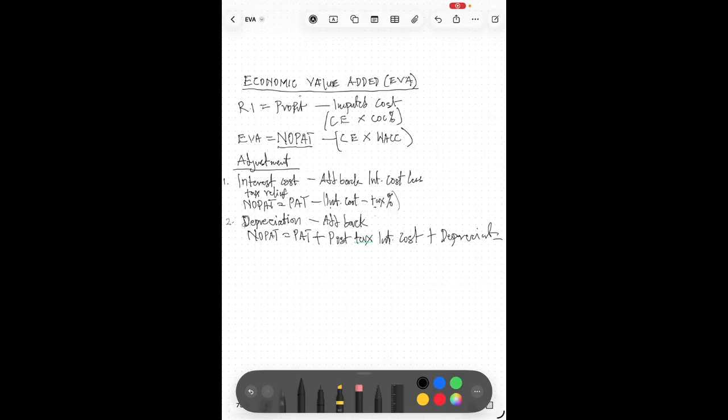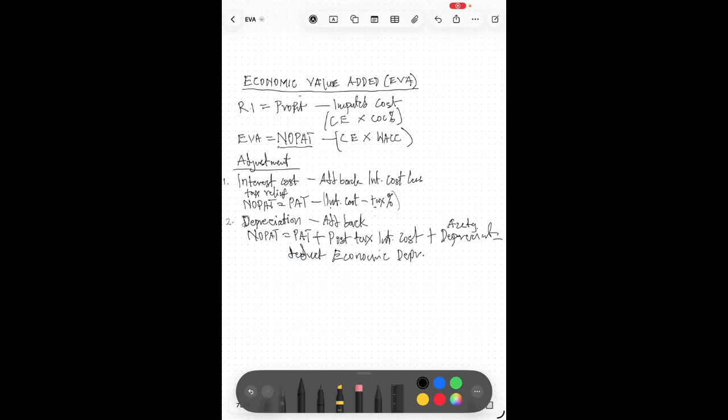Like I said, if there's economic depreciation, so this is like saying accounting depreciation, then you now add back accounting depreciation and deduct economic depreciation, sorry. So you have profit after tax. Let's say we are doing everything all over.